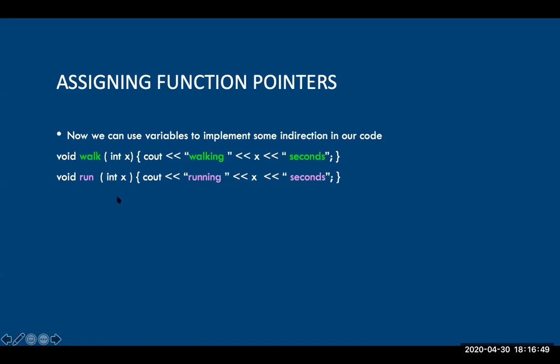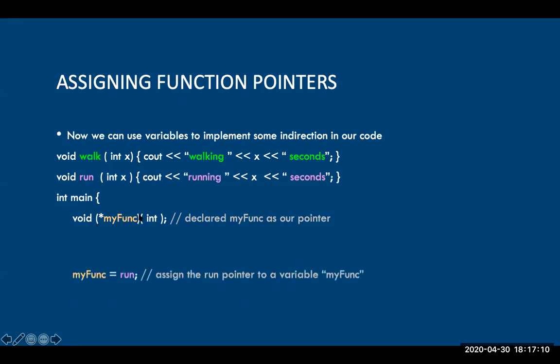So what's the value of that? Well, now we can have one pointer that holds either. We'll say my func int. That's really also the same function signature as we see up above: returns void, has an integer argument passed in. We don't need to name our argument here, we just need to give it the type. So my func is a generic pointer that could point to either one of these functions we've created.